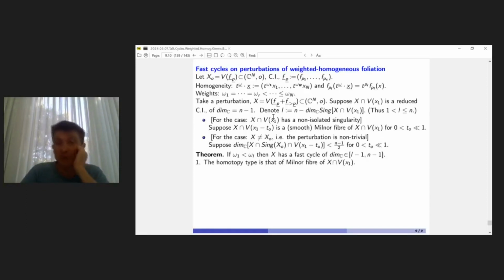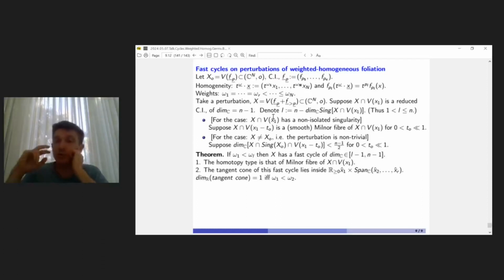The homotopy type is that of the Milnor fiber. The tangent cone of this fast cycle lies inside this half plane. The tangent cone is of dimension 1 if and only if the two lowest weights are different. And then the vanishing rate is at least this ratio.